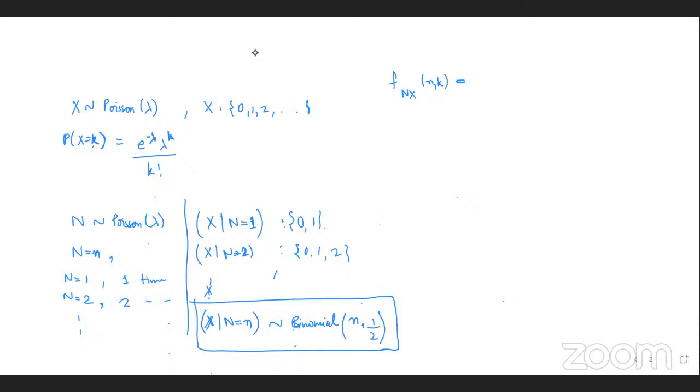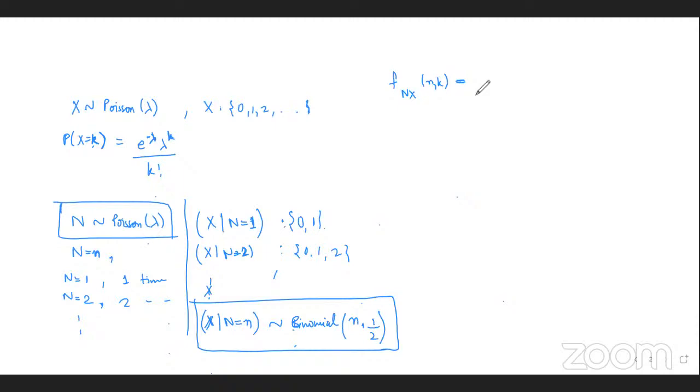For conditional, we can write it using conditional distribution, like f of n for x equal to 1 plus x equal to 2 plus dot dot dot x equal to n. Let's say f of n given x equal to 1, that means the condition is x equal to 1.